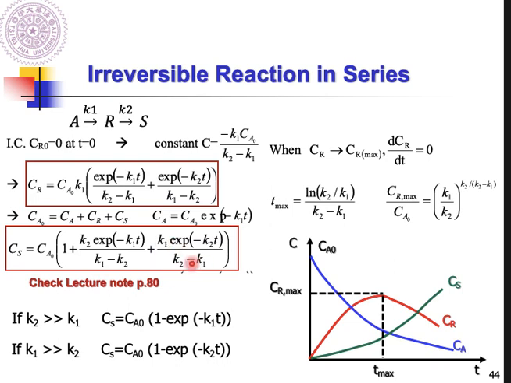So K1 minus K1, and you get minus exponential minus K2t. So K2 is the slower one, right? So the generated concentration of product is dominated and controlled by the slower reaction with rate constant K2. So it is always the slower reaction that dominates the generation of the product.